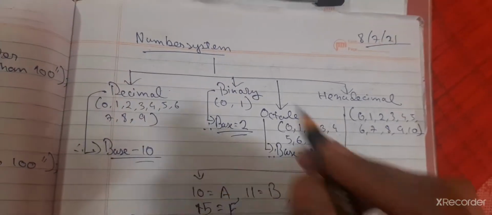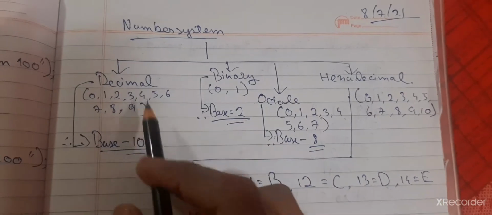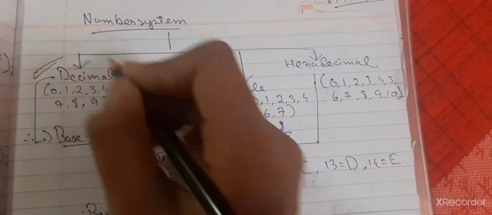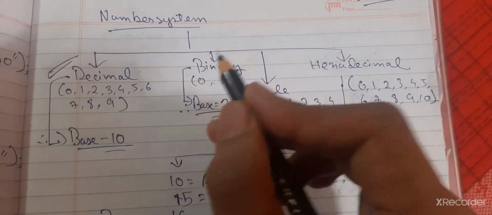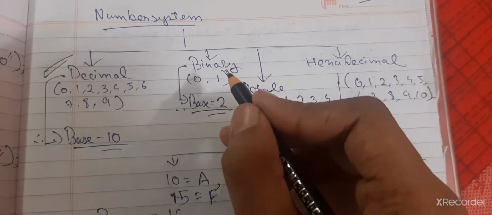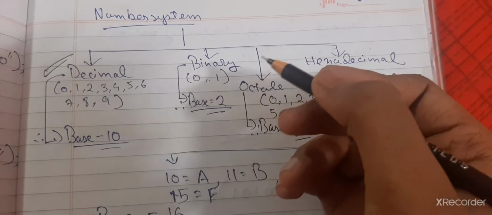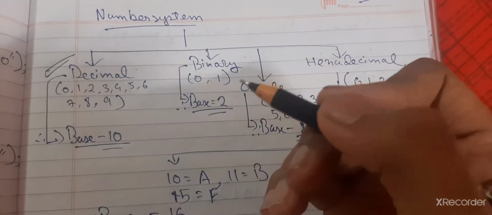Now, this number system is divided into 4 parts. Decimal, which we basically use. Binary, which the computers understand. Not only computer, any machine, our Android phones, or even any cell phone understands binary language.